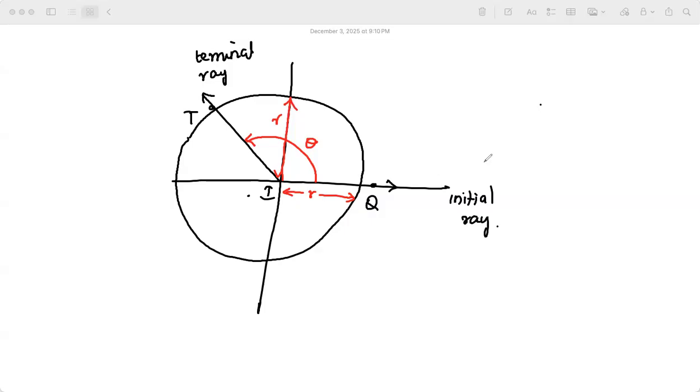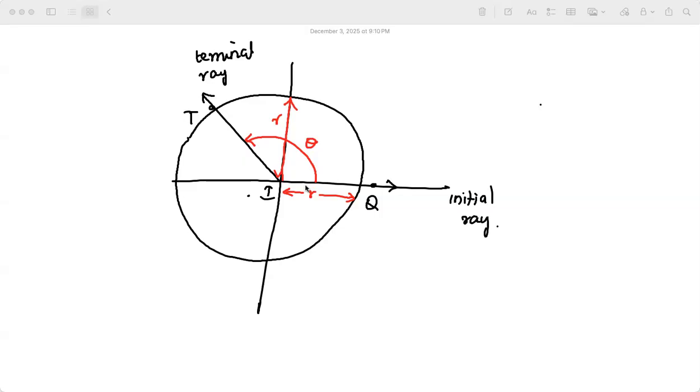Meaning I'm drawing a circle of radius r. Theta is just an angle that I have drawn. The terminal ray of that angle intersects the circle at some point, let's say T. Now the radius of the circle, wherever you see, is r.